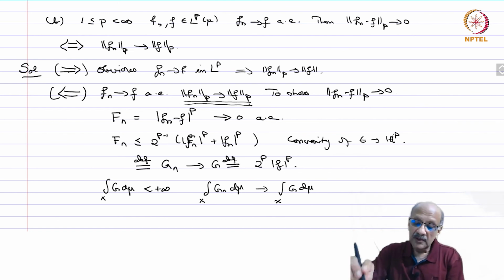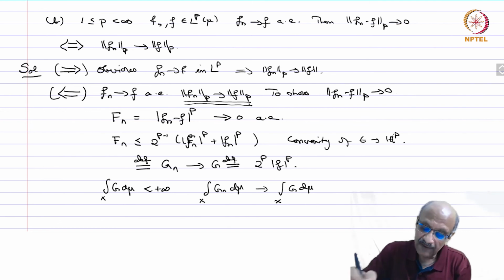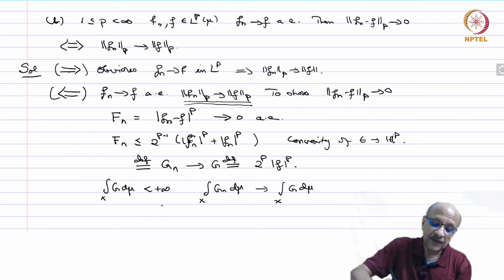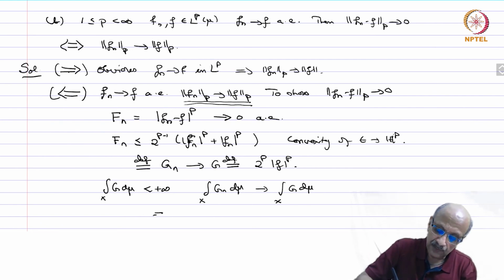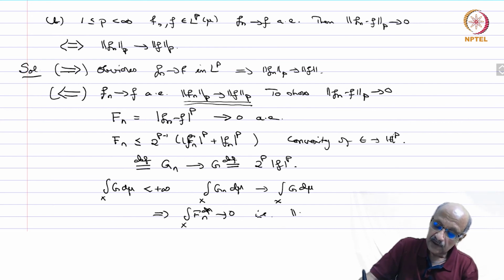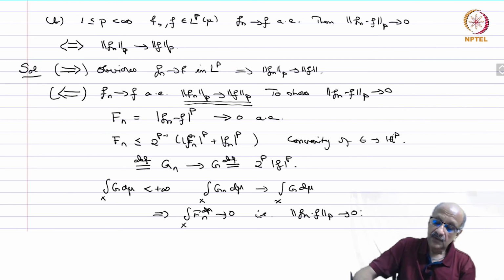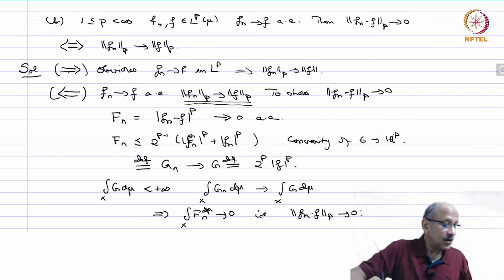So all the conditions of the previous part are true, and therefore the integral of Fn goes to 0. That is, Fn minus f in LP goes to 0. So this proves the converse.